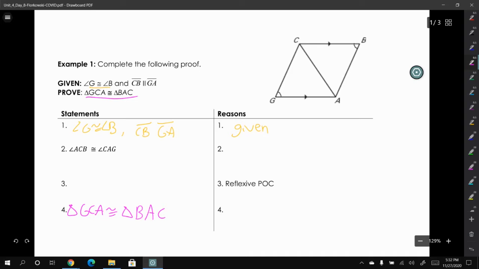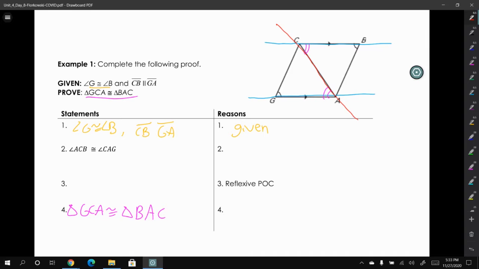Let's see. Why can we say that's true? Let's look at that angle. ACB is this angle right here, and angle CAG is this angle right here. We are told that these two lines are parallel and that this, let's use a different color. Here is our transversal.